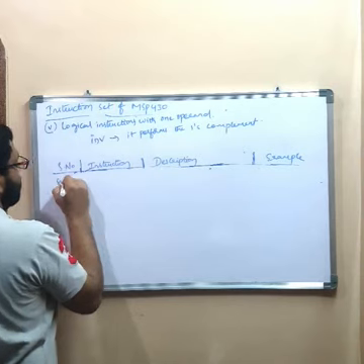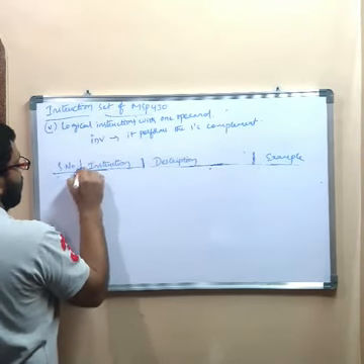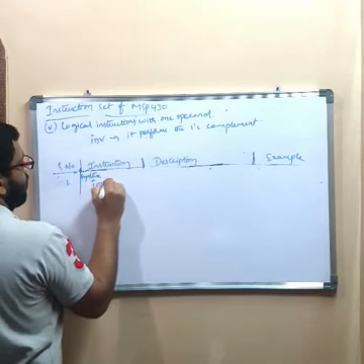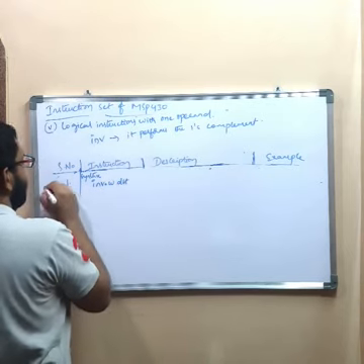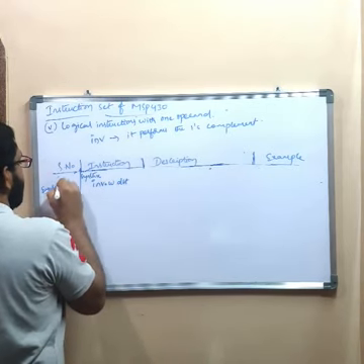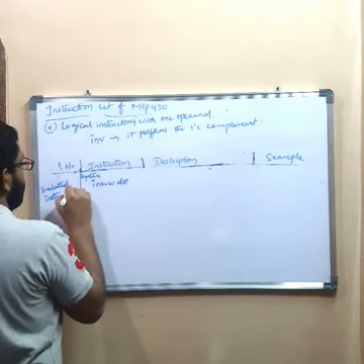Let us see the syntax. INV.W destination. This is also an emulated instruction because it has a single operand, that is the destination operand.